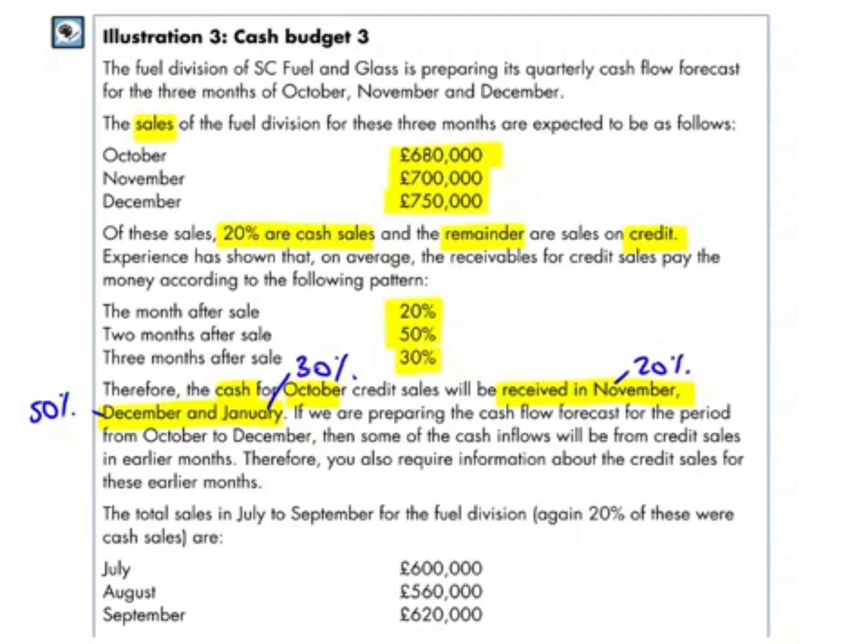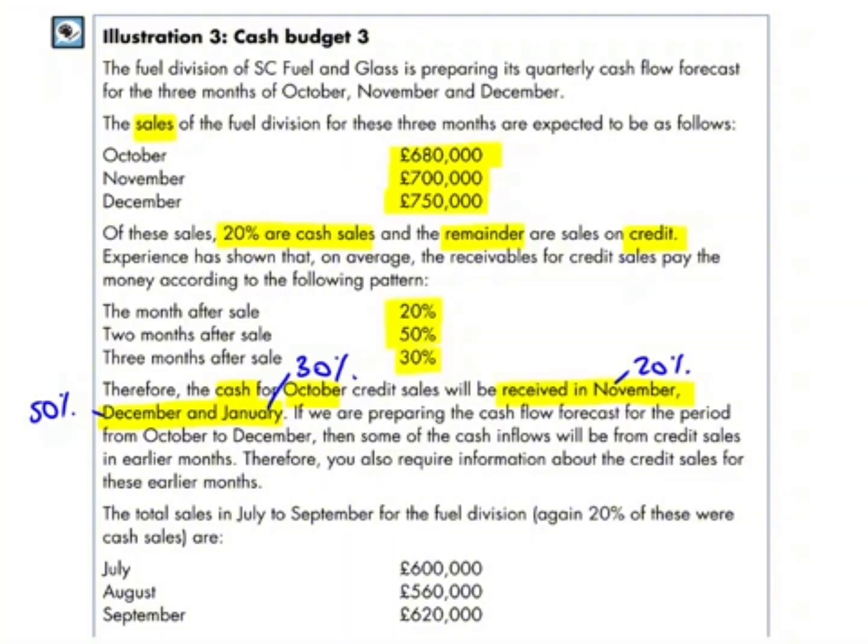So when we're pulling together the cash flow forecast for the sales that we've made in October, we're going to have to take into account that receipt pattern, when the customers are likely to pay.